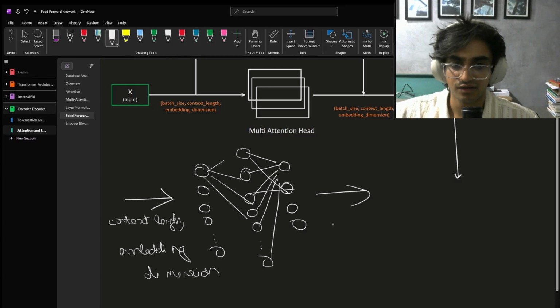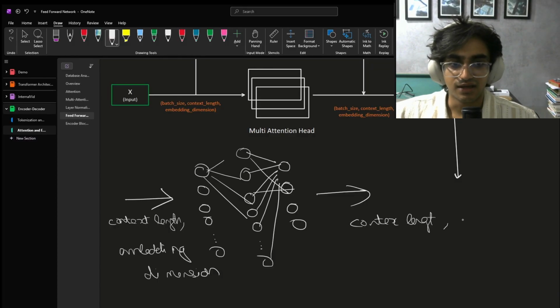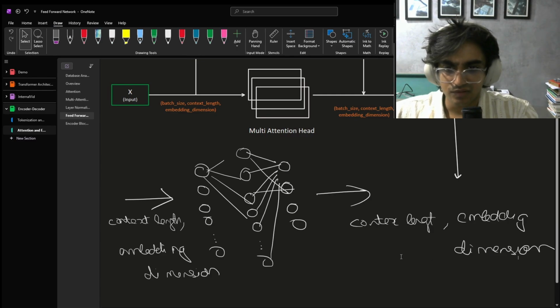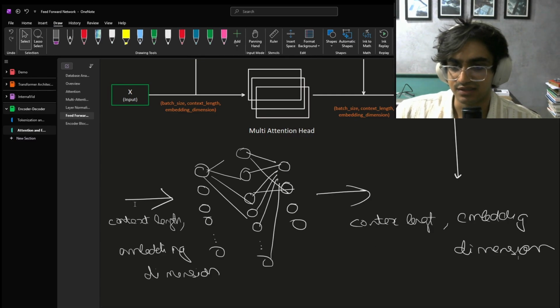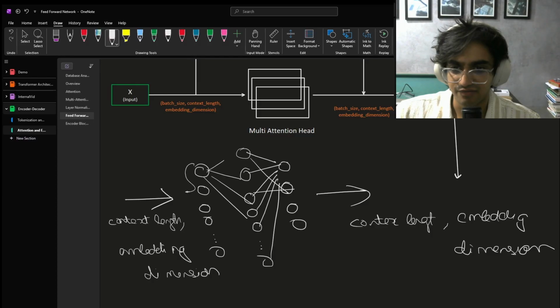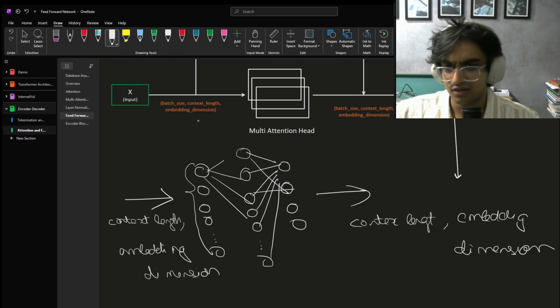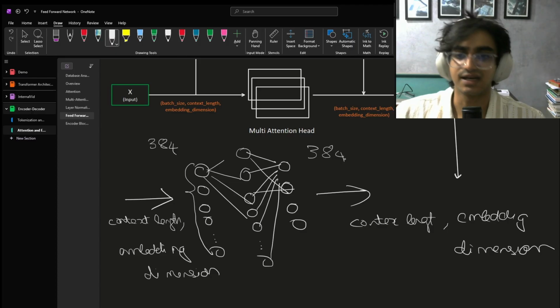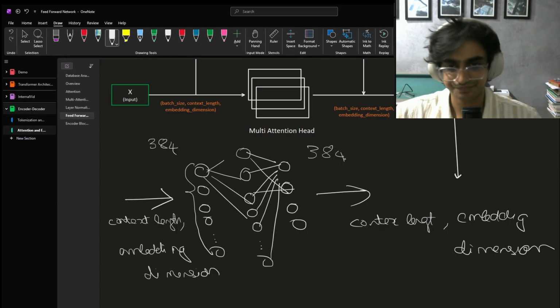And for our output, again, we want the same thing: our context length and embedding dimension. If our embedding dimension is say 384, we're going to have 384 input neurons and our output will also be 384. And our context length is treated like a batch in this network.